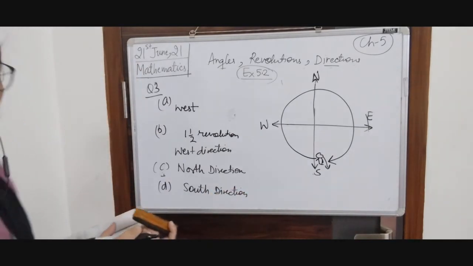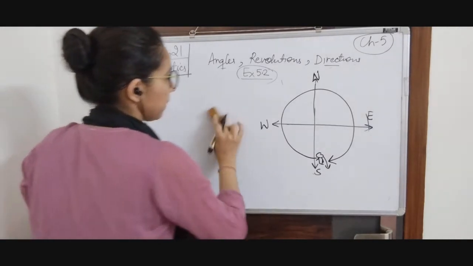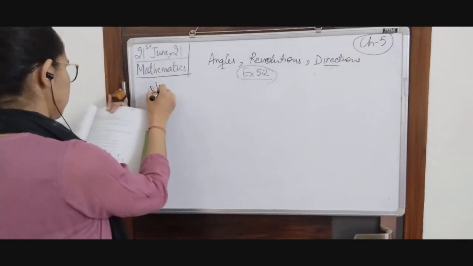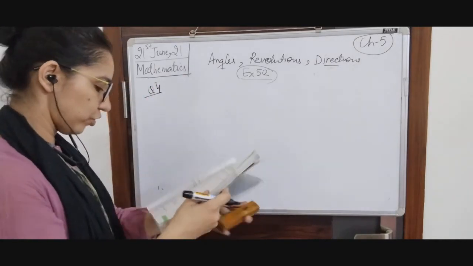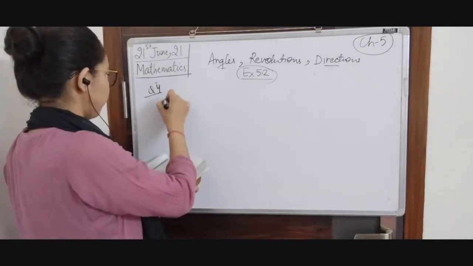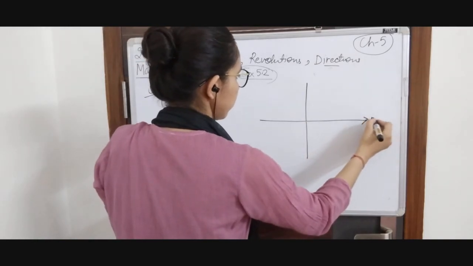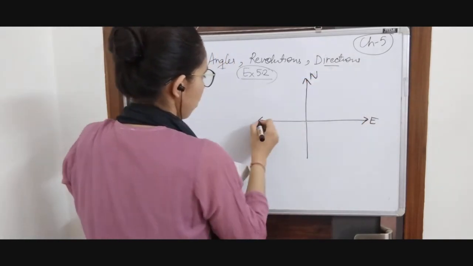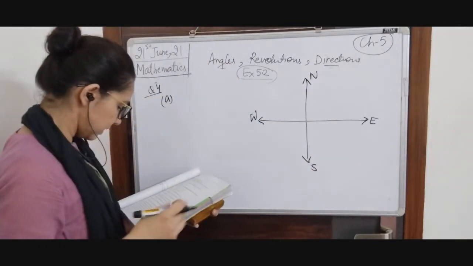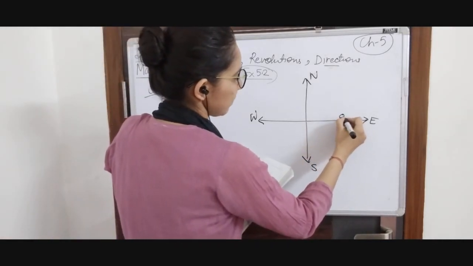Okay. Now we are going to do question number 4. In question number 4, what part of a revolution have you turned through if you stand facing east? So now we have been given our starting and ending positions, and we have to tell how much of a revolution we covered. So this is south. He started from east, so he is facing this direction.